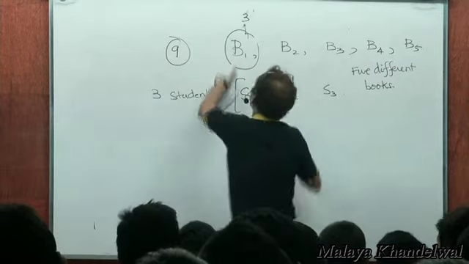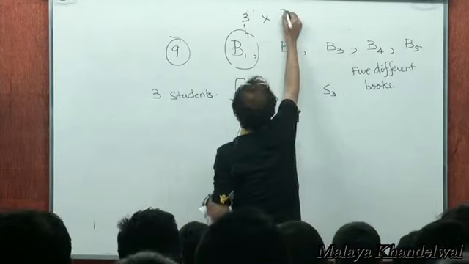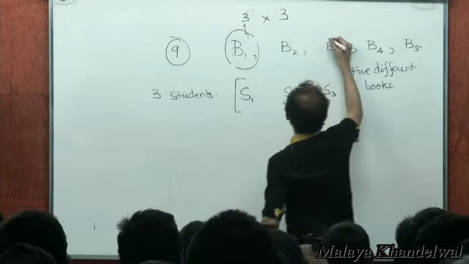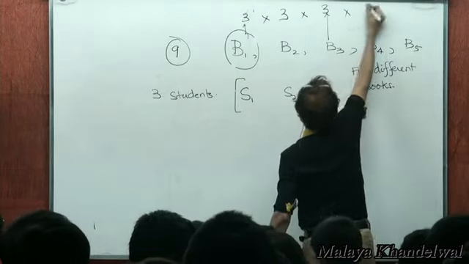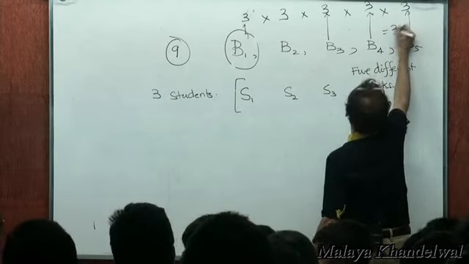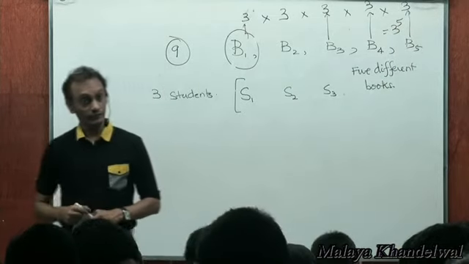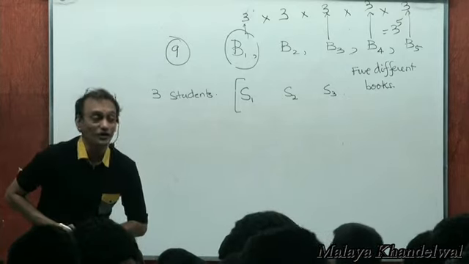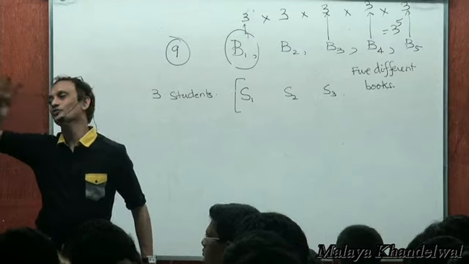So book B1 allocated in 3 ways and book B2 allocated in 3 ways and book B3 allocated in 3 ways, B4 allocated in 3 ways, B5 allocated in 3 ways. That makes it 3 to power 5. That makes it 243. Right? So 243 ways in which the 5 books could be given to 3 students.